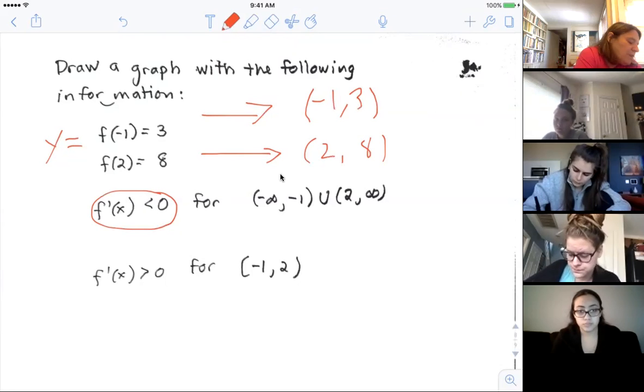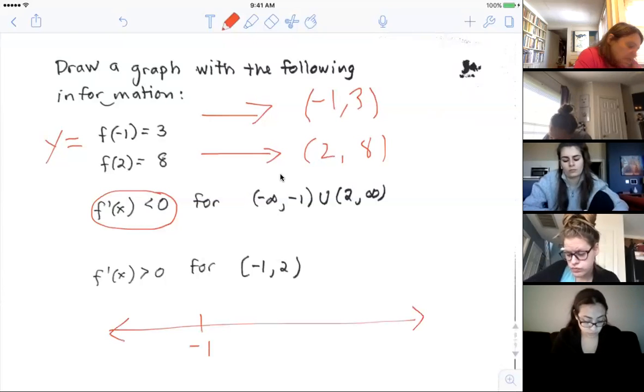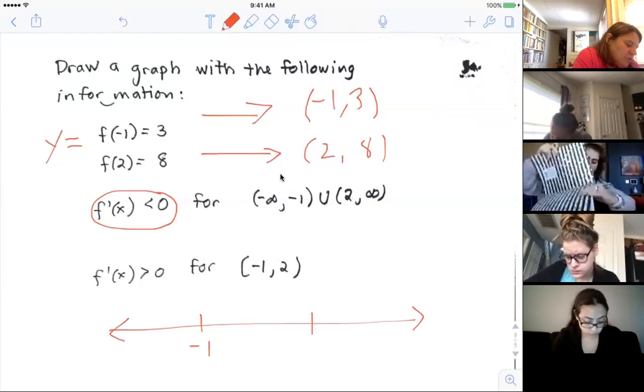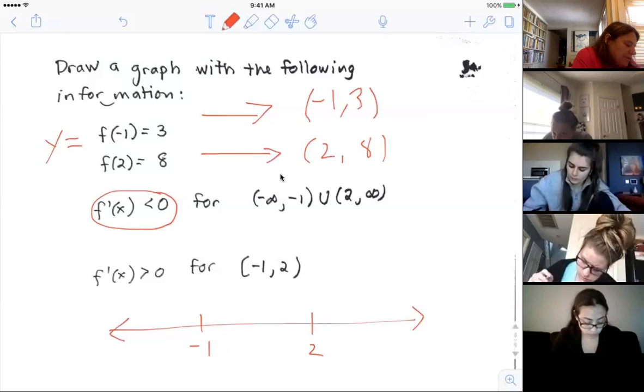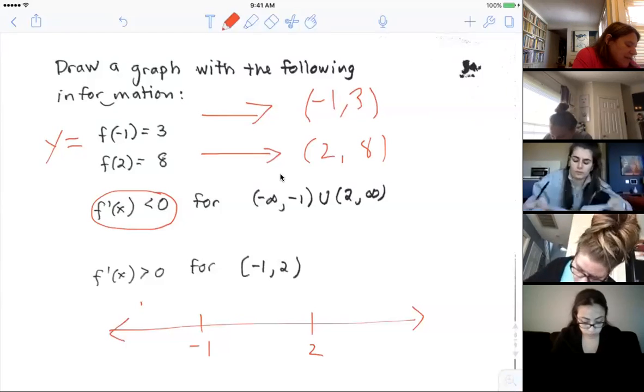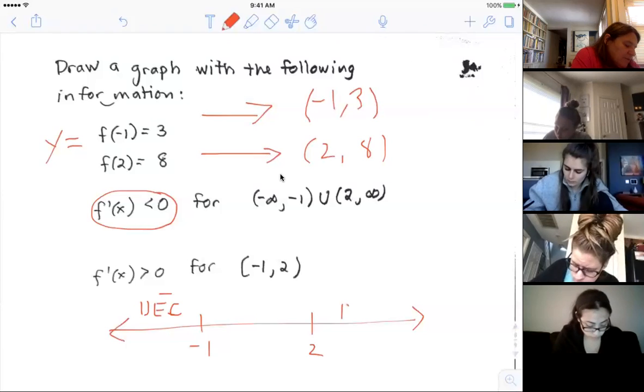So in between, if I draw a line down here now, I can kind of get a handle on what's happening. So from -infinity to -1, and then from 2 to infinity, it says f prime of x is less than 0. That says it is decreasing here because we get a negative derivative. To the right of 2, we also get a negative derivative, so it's decreasing there.